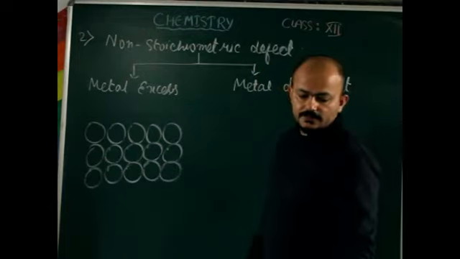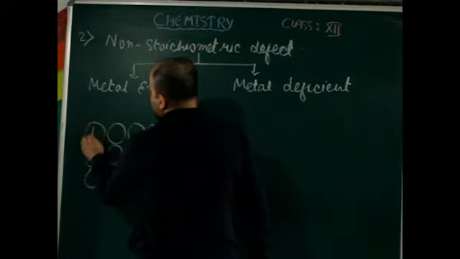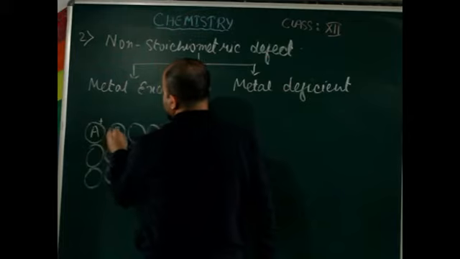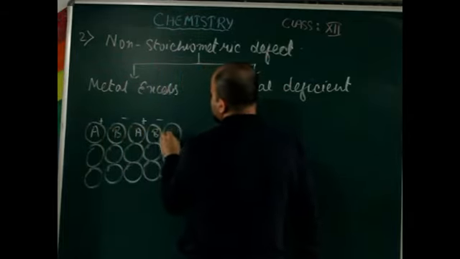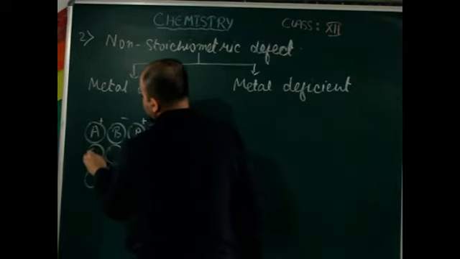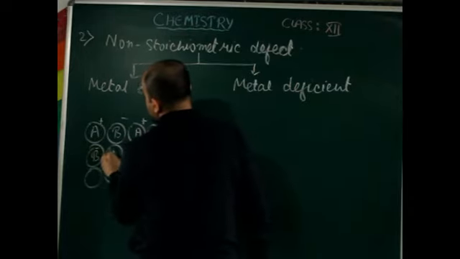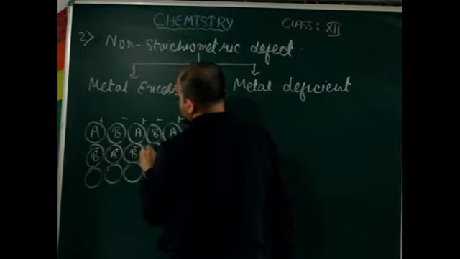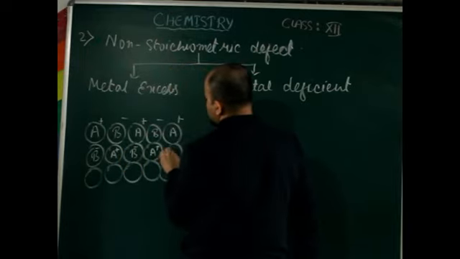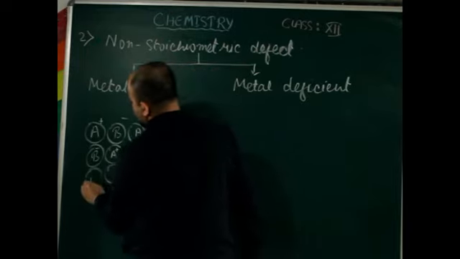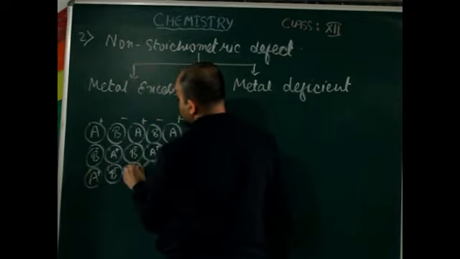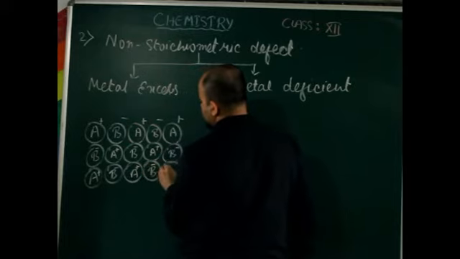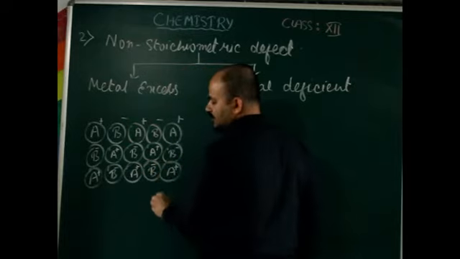Now, in this case, suppose these are occupied by cation and anion: B minus, A plus, B minus, again A plus, and B minus, A plus, B minus, A plus, B minus, and this is supposed to be occupied by A plus, B minus, A plus, B minus, A plus. Yes or no?